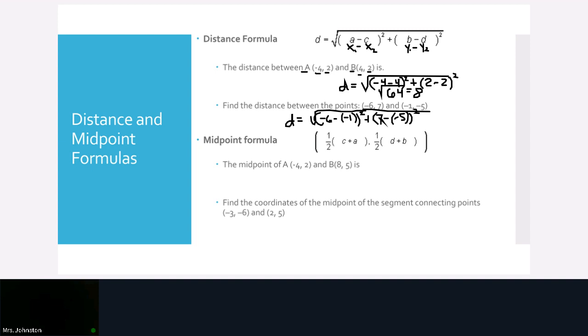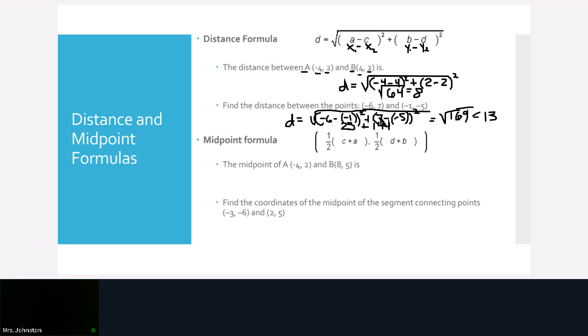Or, sorry, negative 6 plus 1, that would be negative 5. Negative 5 squared is 25. 7 minus negative 5 is the same as 7 plus 5, or 12, and 12 squared is 144. If I add them together, I end up with the square root of 169, which luckily is a perfect square, and that would equal 13. So the distance between these 2 points is 13 spaces.